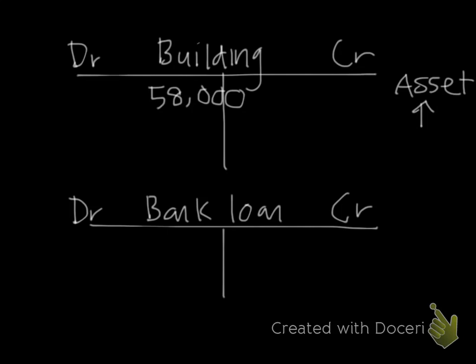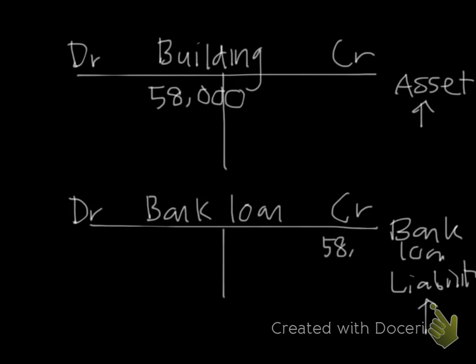And we bought the building from a bank loan. So bank loan is a liability account. Increasing in liability account must record in the credit side, so that we record 58,000 in a credit side of the bank loan.